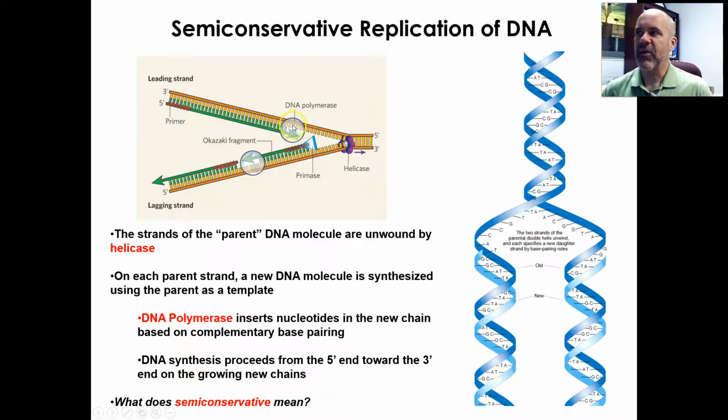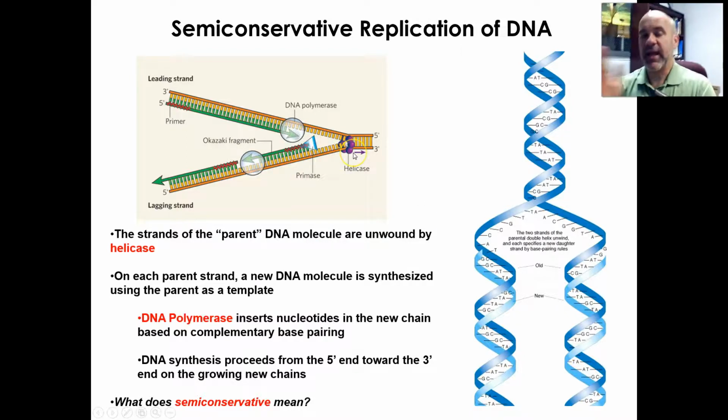The DNA polymerase here hopped onto the old DNA strand and is sliding along. If it sees an A right here, it's going to put in a T. If it sees a G, it's going to put in a C. If it sees a C, it's going to put in a G. And it can just keep sliding along because it's going in the 5' to 3' direction.